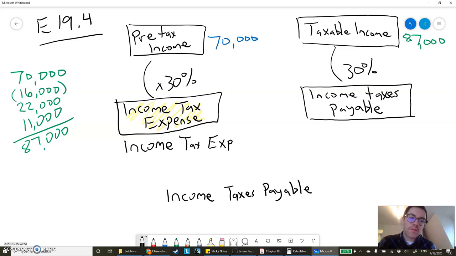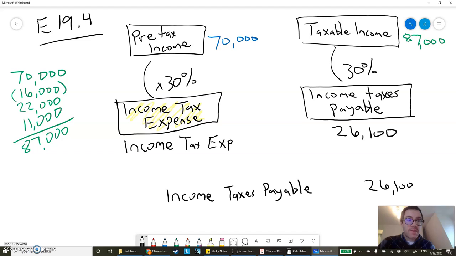This is the bread. The bread's always there. What's in the middle changes, but the bread's always there. 87,000 times 30%. Let's see here. 8 times 3, 24. 7 times 3 is like 21, 26,100, right? Okay. So that is taken care of right there.